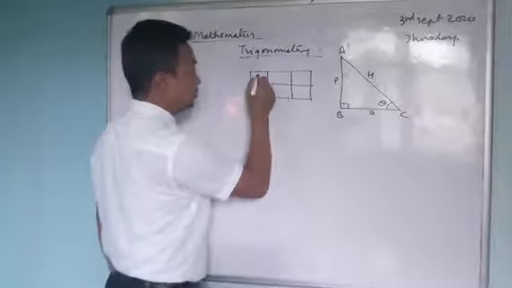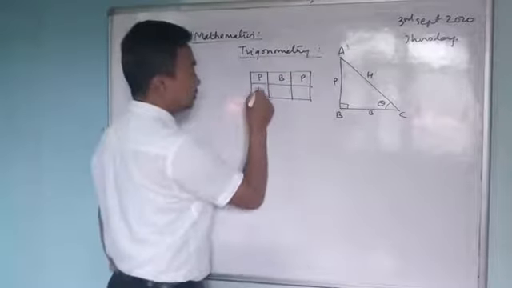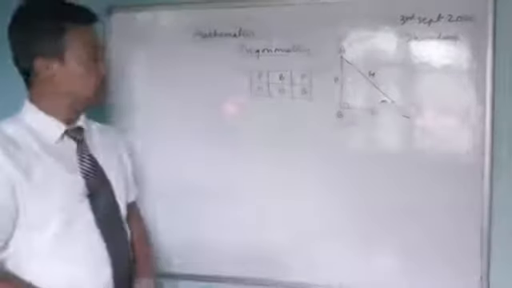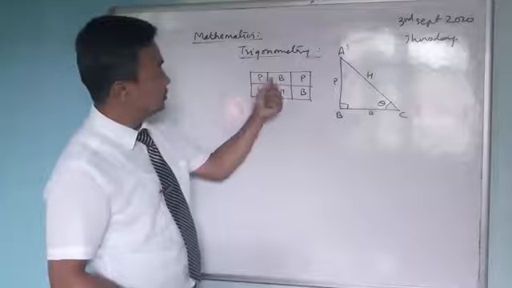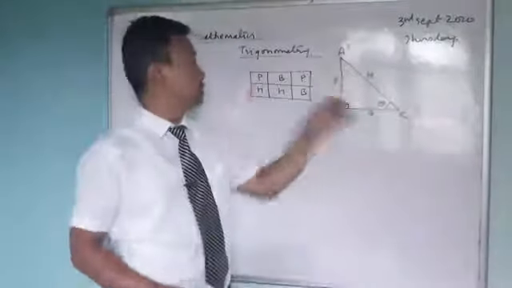This is the first technique: P, B, P, H, H, B. So this is the first technique you have to remember. We can also recall this as P, that is the perpendicular, B is the base, and H is the hypotenuse.